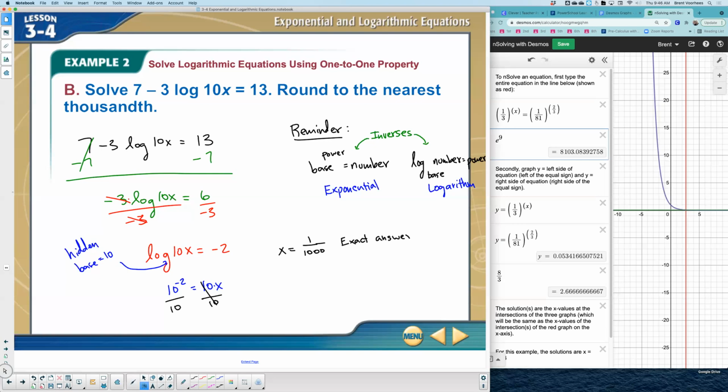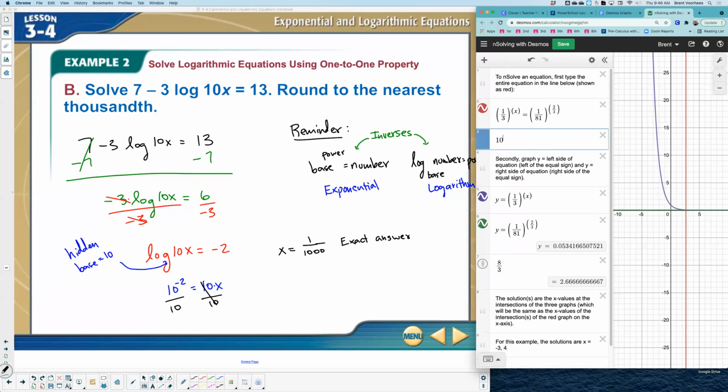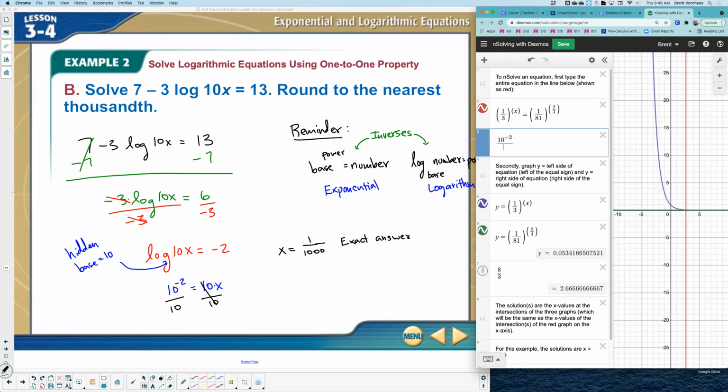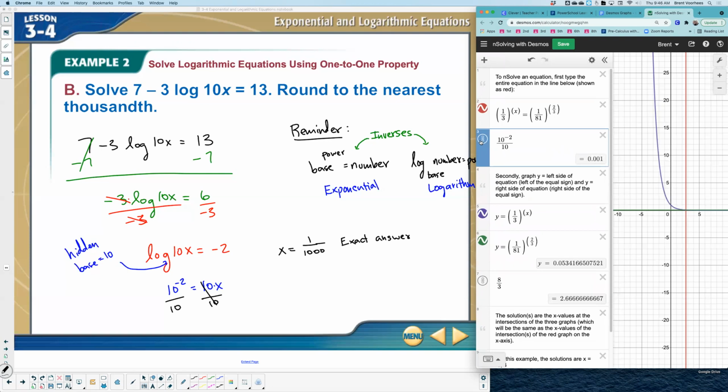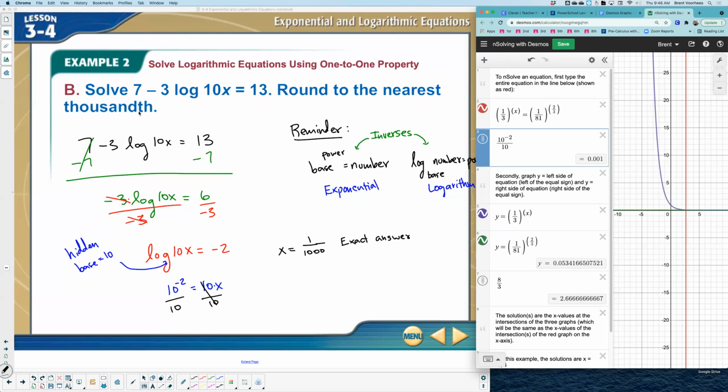That's the exact answer. How do I know that? Let me type it in the calculator to prove to you. 10 to the power of -2, and we want to divide that by 10. And if you press the fraction button on the left, it changed it to 1/1000. But as a decimal, it says round to the nearest thousand.